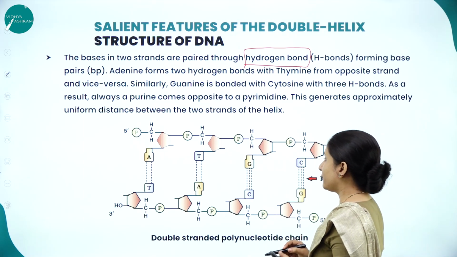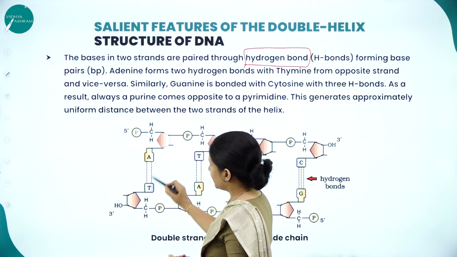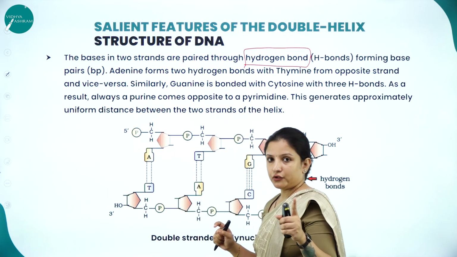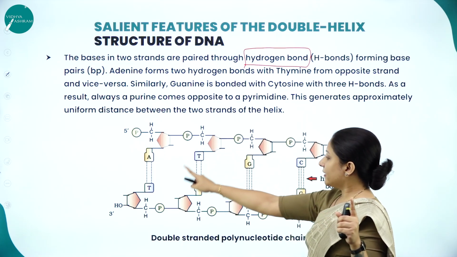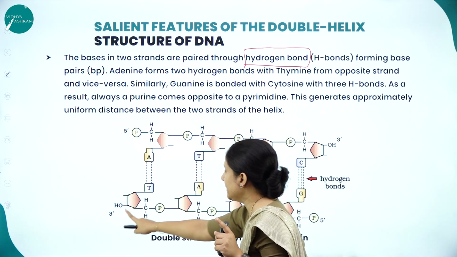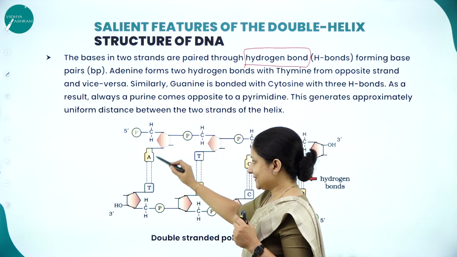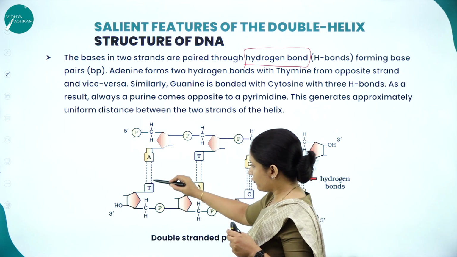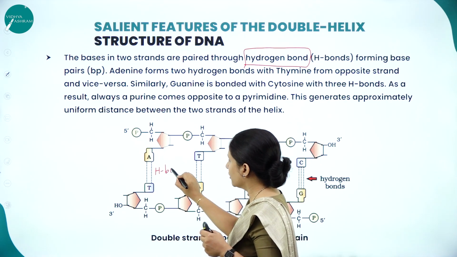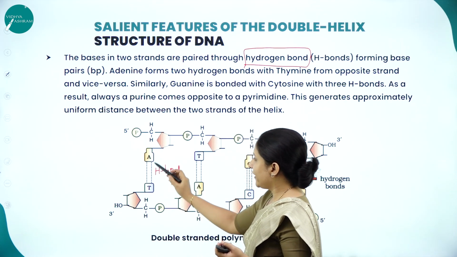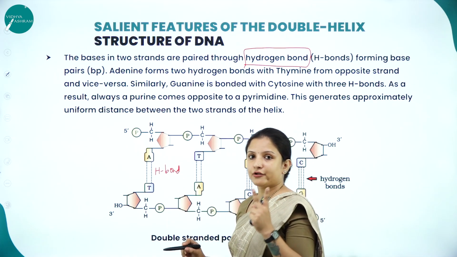Now, talking about the hydrogen bond. Here, if you can see adenine, one nucleotide strand runs from the 5' to the 3' end, and the other nucleotide strand runs from the 3' to the 5' end. They are held together at the places where the base pairs, or nitrogenous bases, are, by what bond? It's called the hydrogen bond. Adenine always base pairs with thymine, and they are held together by 2 hydrogen bonds.